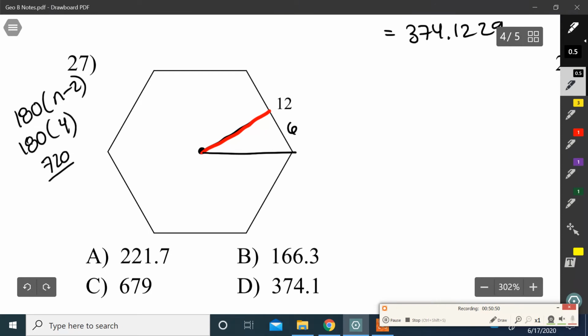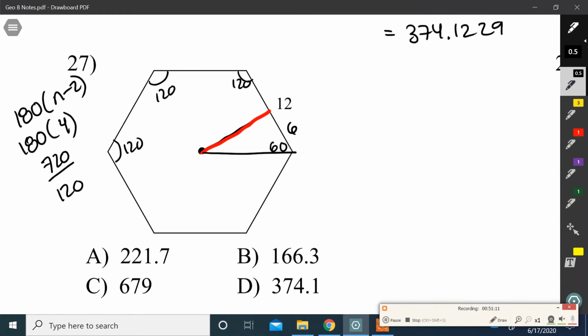And then 720 divided by 6 should be 120. So each one of those is 120. So that means that if that whole thing is 120, then this will be 60. This will be 30, and this is my 90-degree angle.